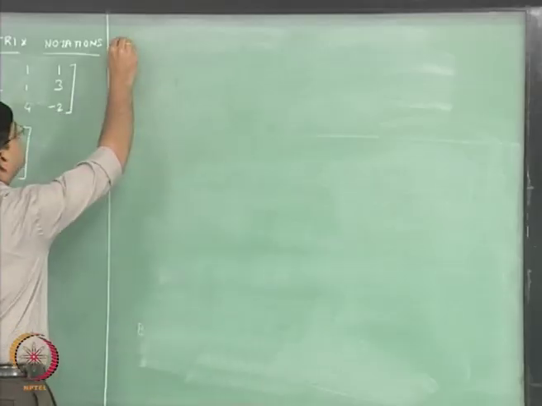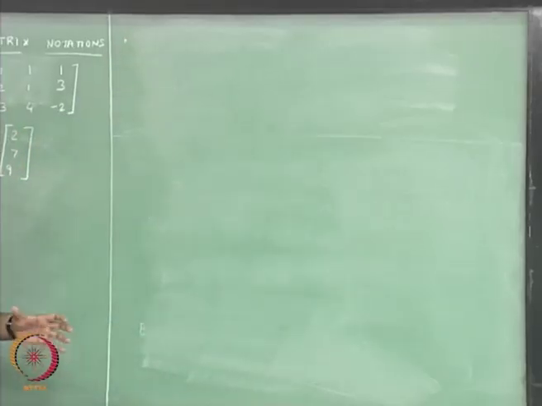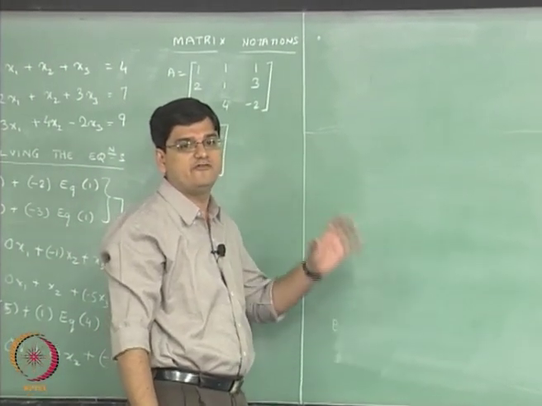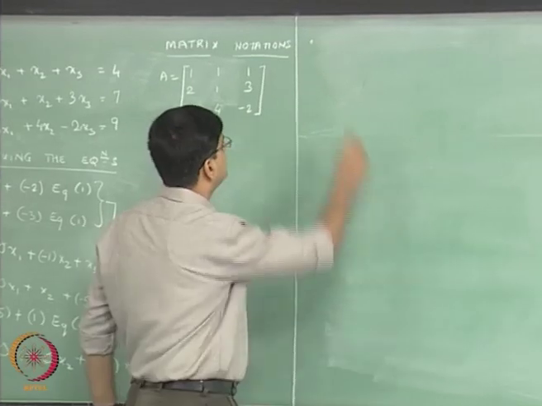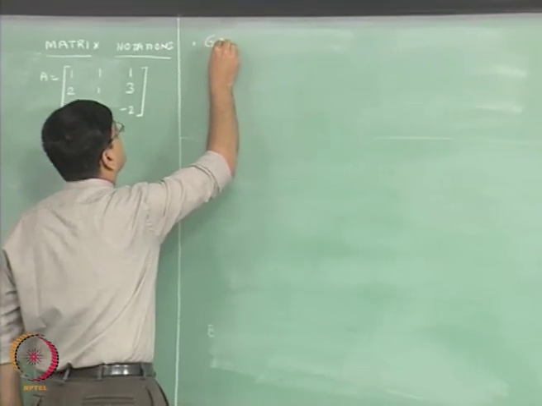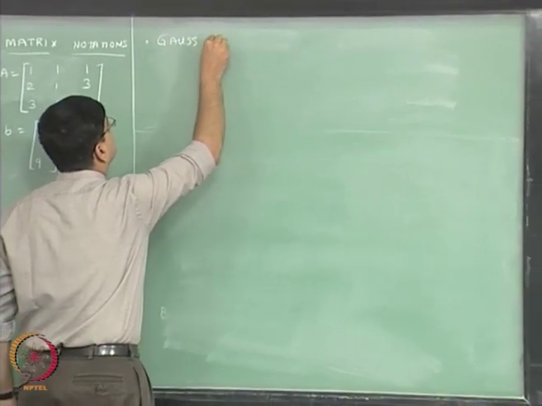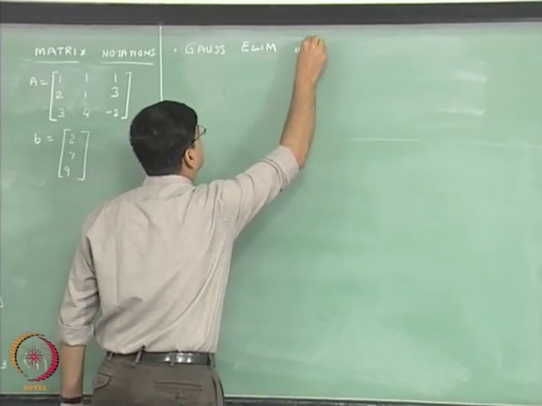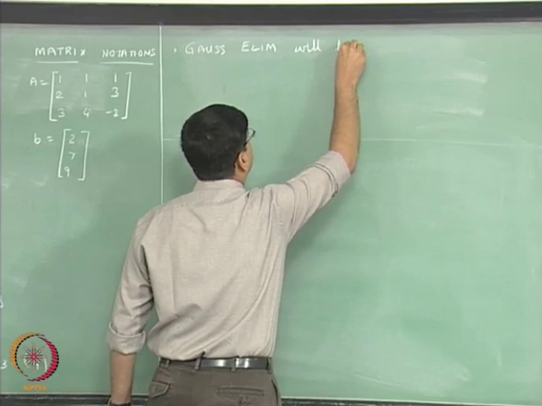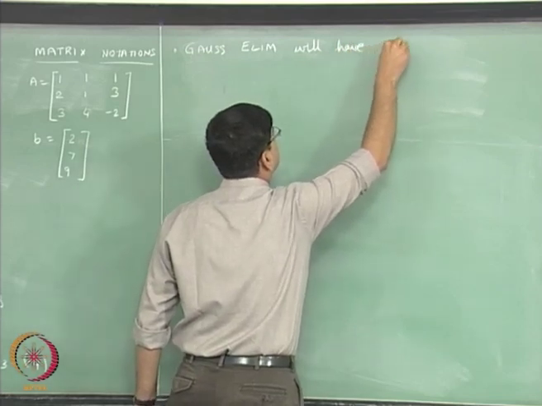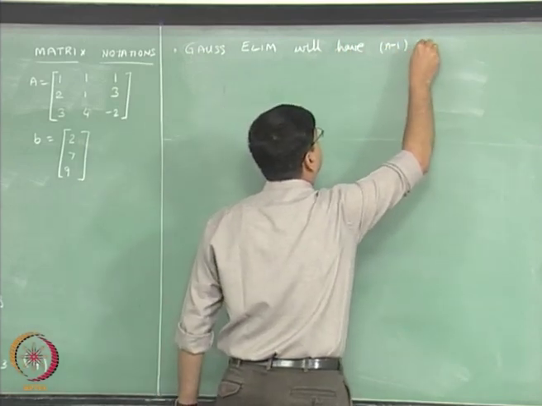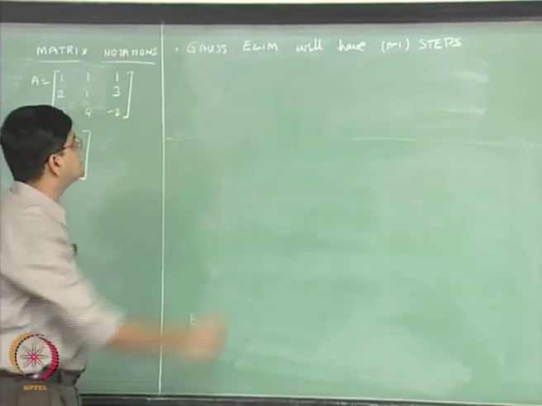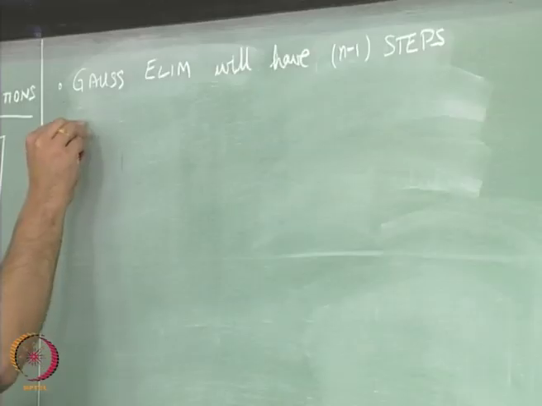So the first point is that Gauss elimination, when we have n equations in n unknowns, will involve n minus 1 steps. Okay. In each step we have multiple substeps.